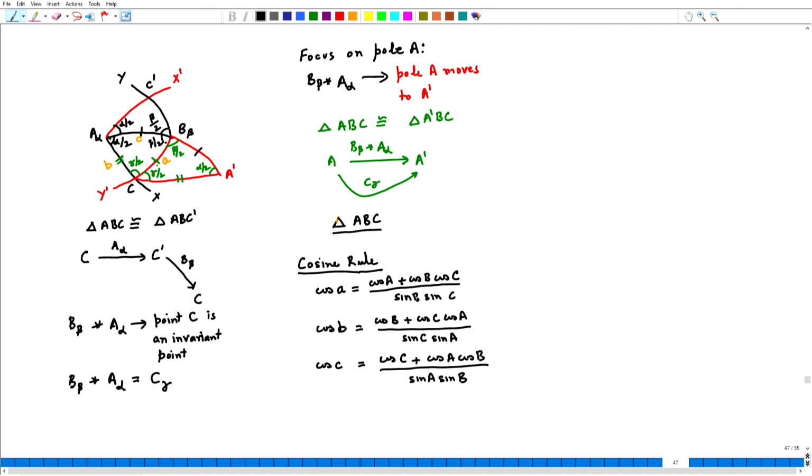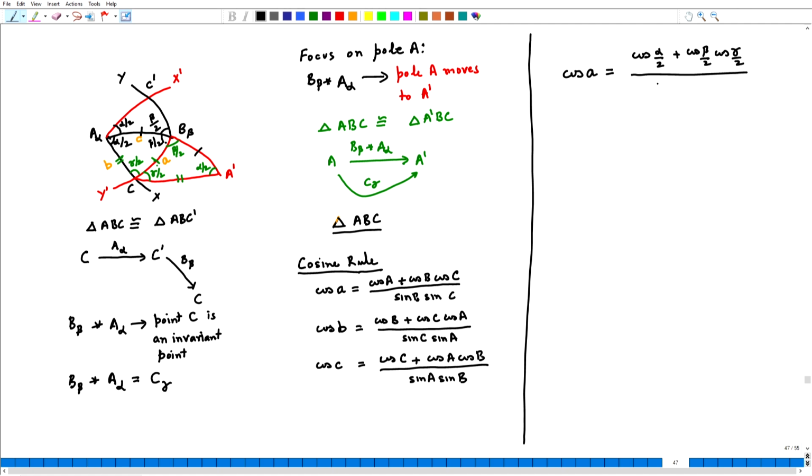Hence, now I can write cos a equals cos of alpha by 2 plus cos of beta by 2 cos of gamma by 2, divided by sin beta by 2 sin gamma by 2.